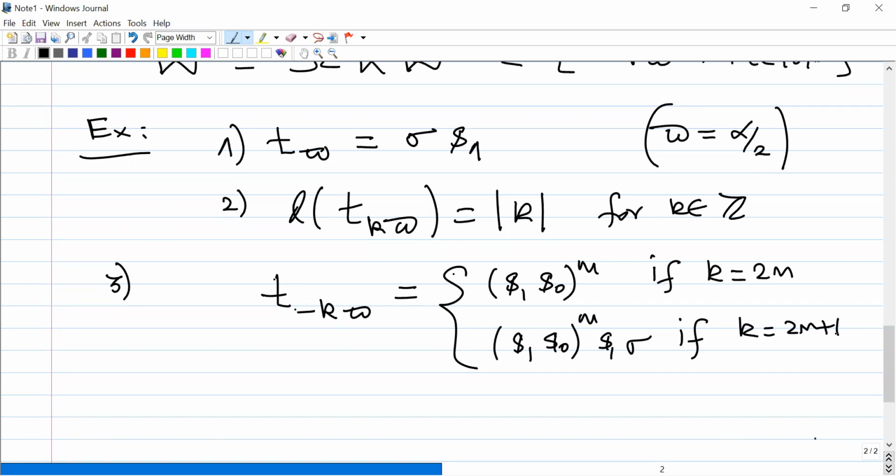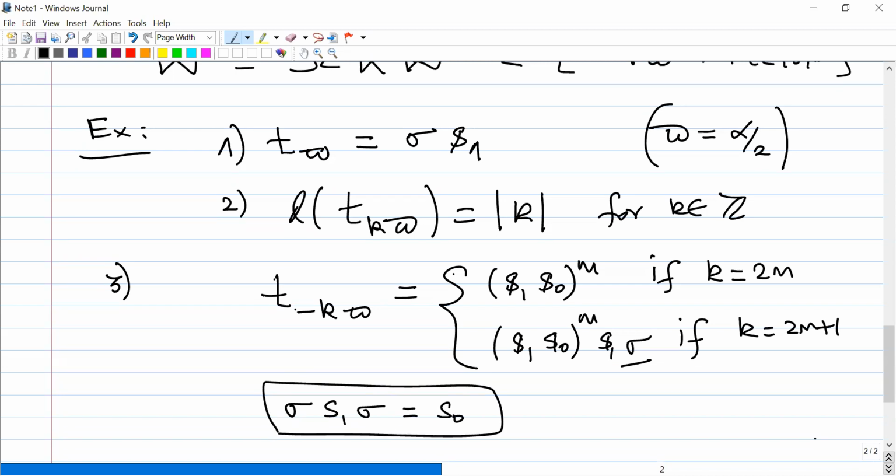Now use that T omega is sigma S1 to write down the inverse. Again, one can either start with sigma or end with sigma. Note that one can use the relation sigma S1 sigma equals S0. If you use this, the words can either end with sigma or begin with sigma, so you can go from one to the other very easily using this relation.